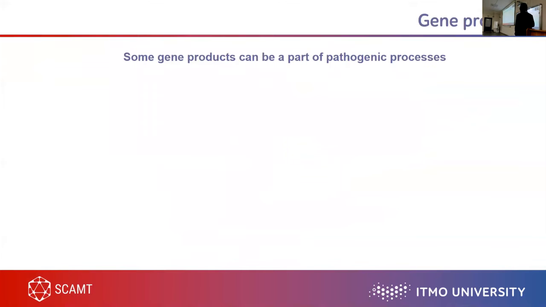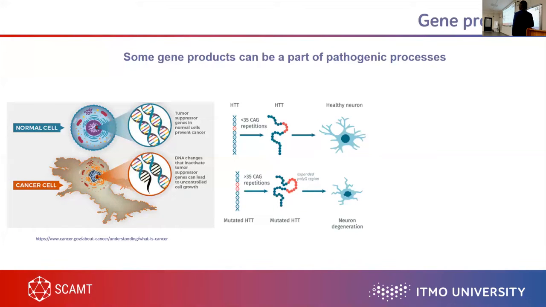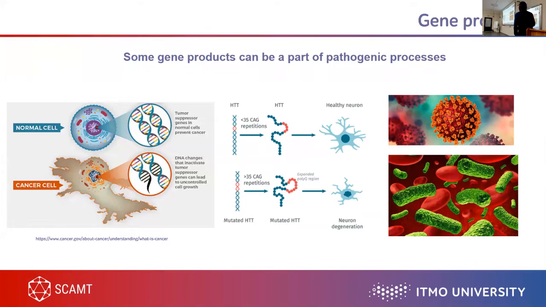Some gene products can be a part of pathogenic processes. For example, some mutated gene products can cause development of cancer diseases or neurodegenerative diseases. In some cases, gene products can be a part of viruses and bacteria, and these gene products are not mutagenic, but they will support the life cycle of viruses or bacteria.